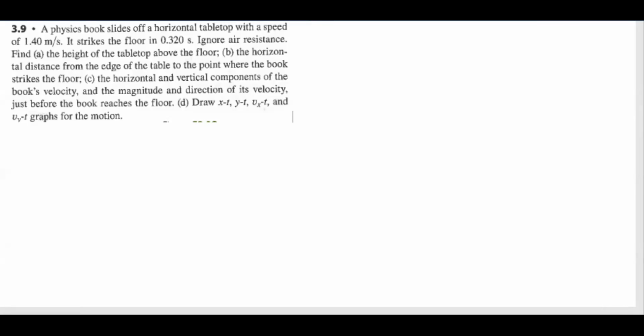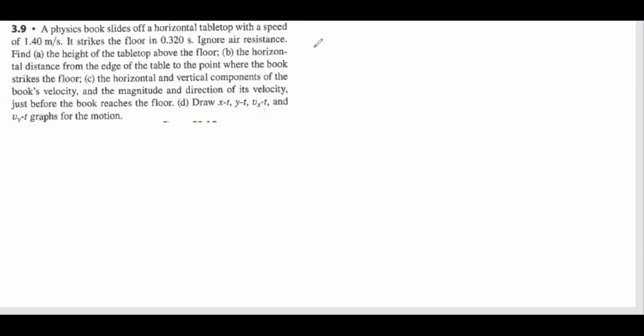Make sure that we have annotation. Yes. So the speed is given. It strikes the floor in so many seconds. We want to ignore air resistance, which we normally do, and we want to find the height of the tabletop above the floor.